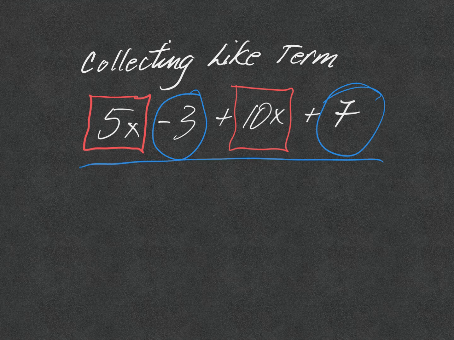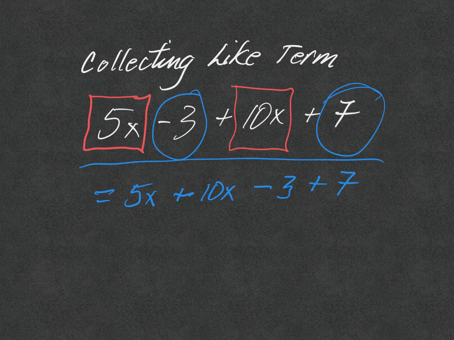And if you wish, you could then use the commutative property to swap positions. So I'm going to write 5x plus 10x because those go together. And then I'm going to put minus 3 plus 7 because the constant terms go together.